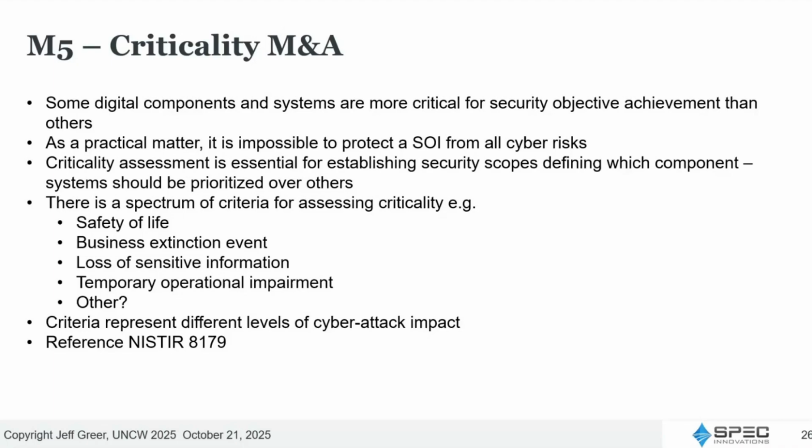Here's method 5, criticality analysis. Some digital components and systems are more critical for security objective achievement than others. So for a ship, for example, they'll typically have 5 generators on board. Loss of power is a big deal. They'll have a pair online and a pair on standby.